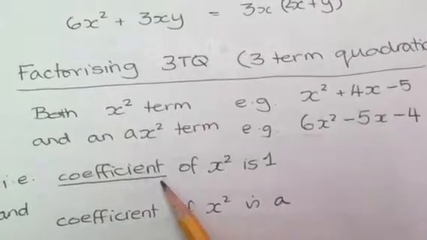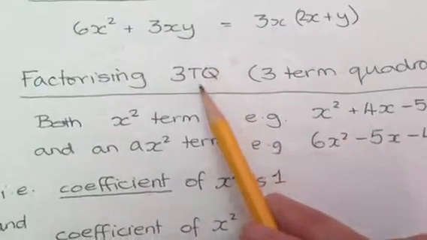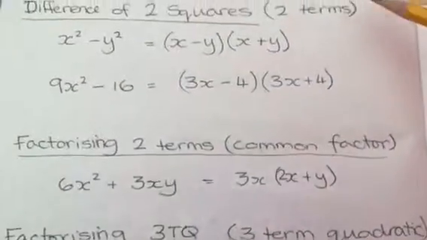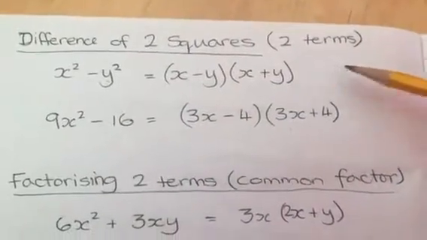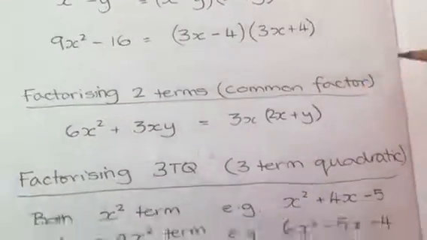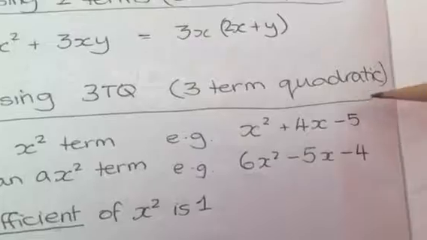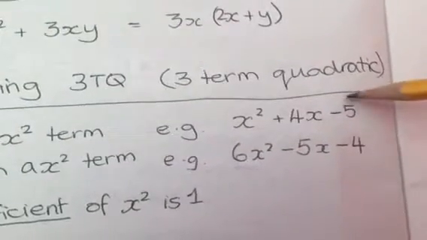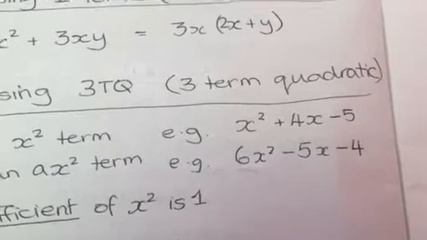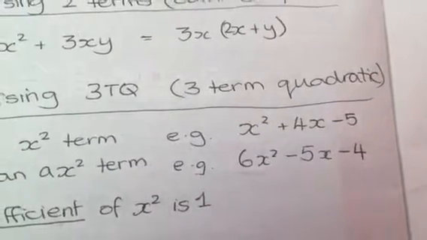So know that vocabulary, know the term for three-term quadratic, 3TQ, and know the method for factorising two-term quadratics with difference of two squares, taking out a common factor, and then also make sure that you are able to factorise any type of quadratic, and some of those will also be on your key learning test.